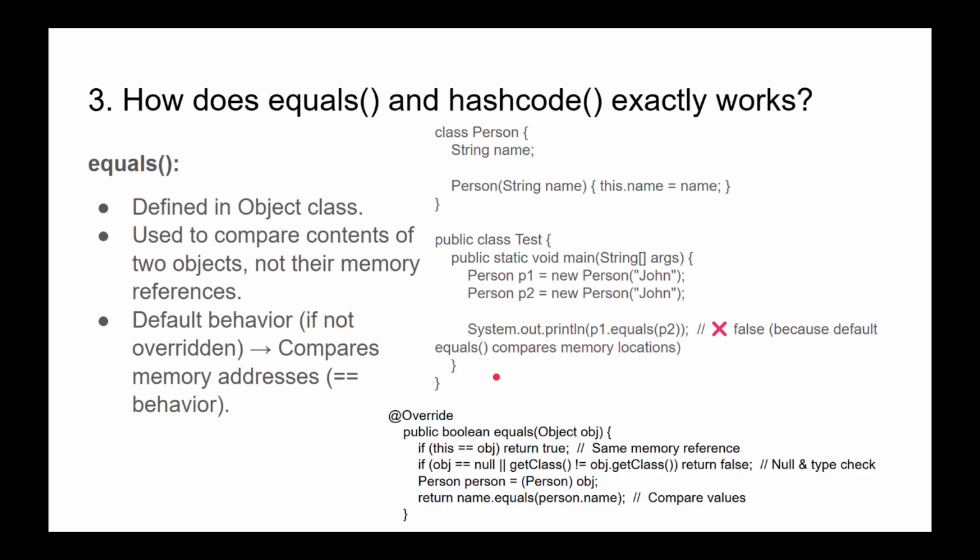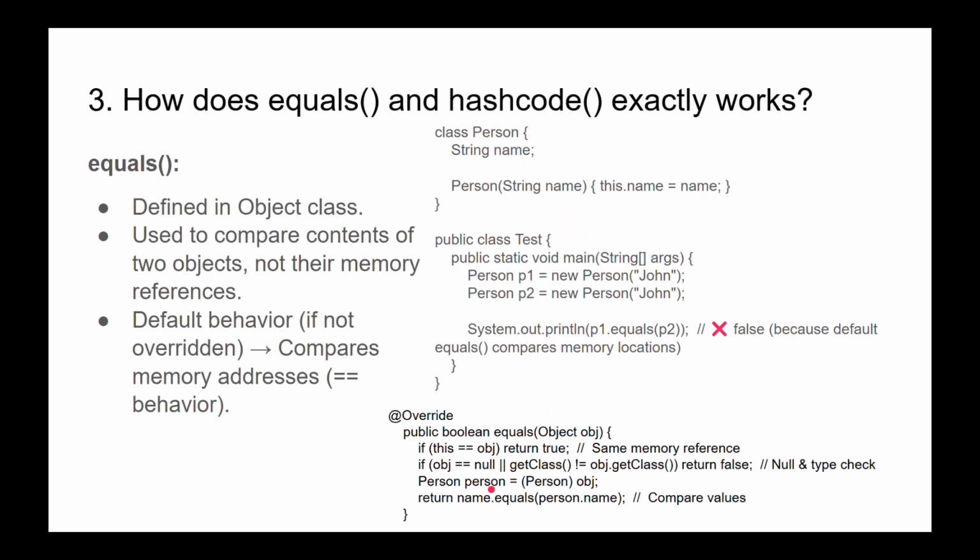Here we can override the equals method this way. The equals method has a boolean return type and accepts the Object type. Here we can check if this equals object, then we can directly return true because their memory locations are the same and the objects will be the same. If object equals null or class not equals object class, then we return false because the comparison will not work for two different classes.